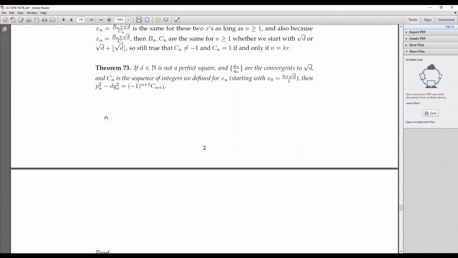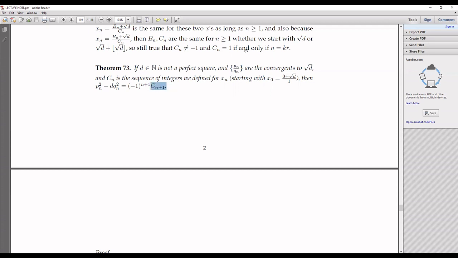And if this is true, can you realize we are very close to the Pell-Brahmagupta equation? It almost looks like, if, for example, n is odd, then n plus 1 is even. If n plus 1 is even, then we have a 1 here. And also, if n is a multiple of r, then we can claim that this guy is 1.